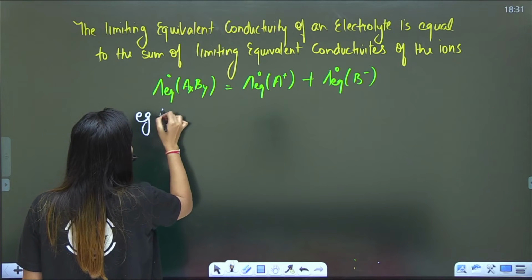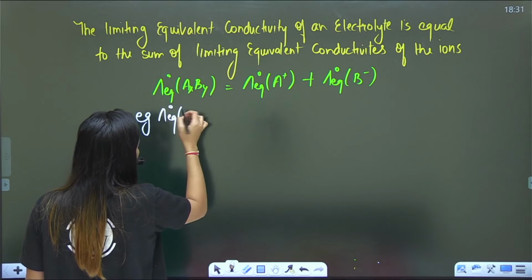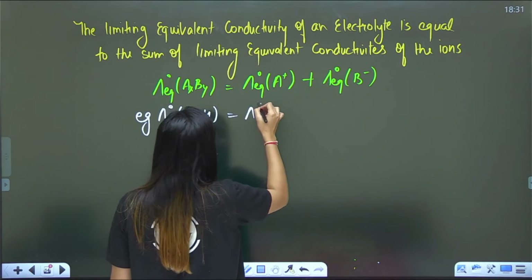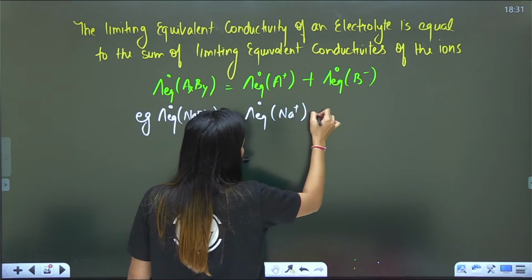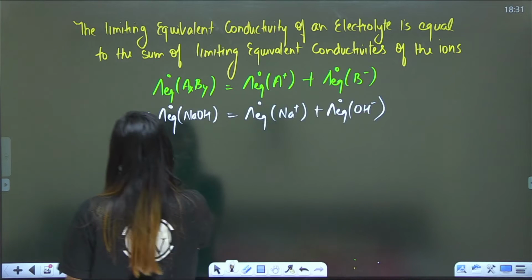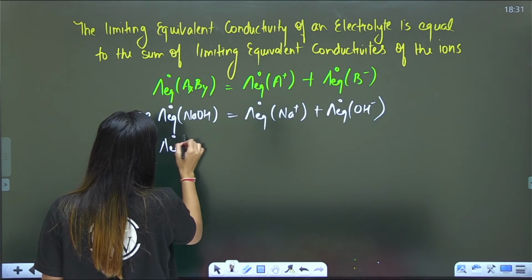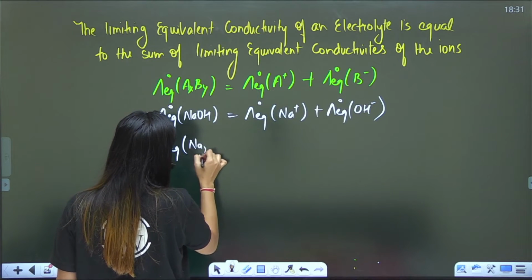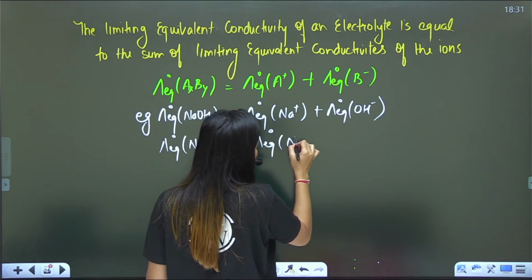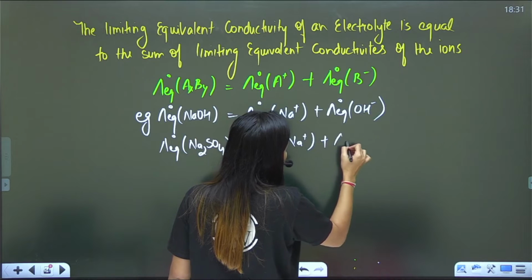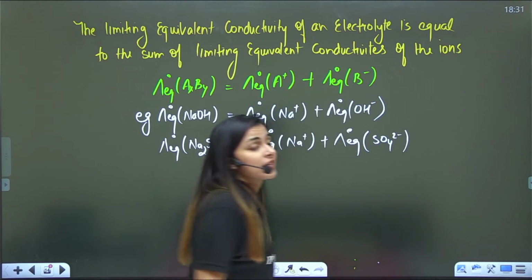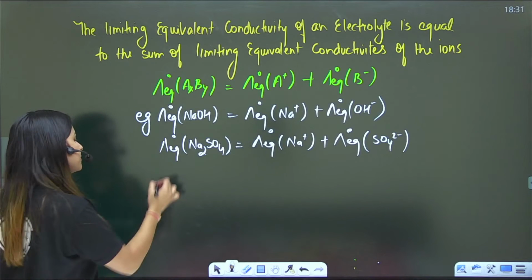So now let's take a few examples. We'll have limiting equivalent conductivity for NaOH. This will be equivalent conductivity limiting for Na+ plus that for OH−. Next, let's say limiting equivalent conductivity for Na2SO4. This will be equivalent conductivity for Na+ plus equivalent conductivity limiting for SO4 2−. You need not write the stoichiometric coefficients.